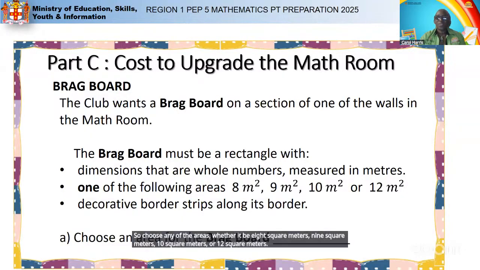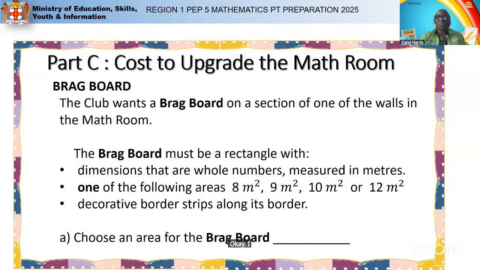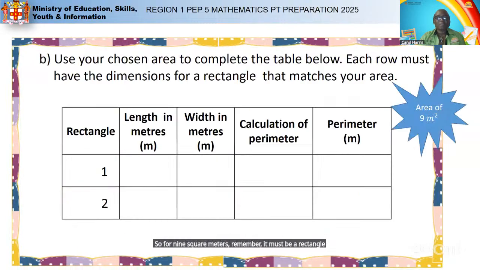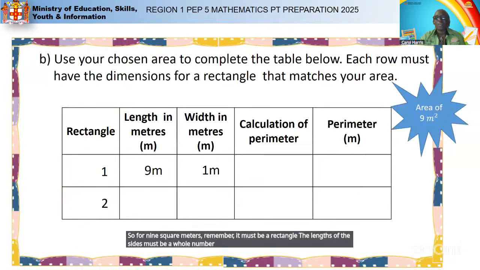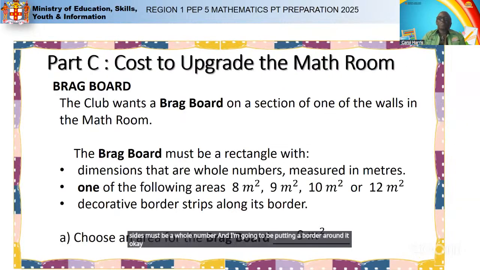I'm going to choose 9 square meters. Remember, it must be a rectangle, the length of the sides must be a whole number, and I'm going to be putting a border around it.